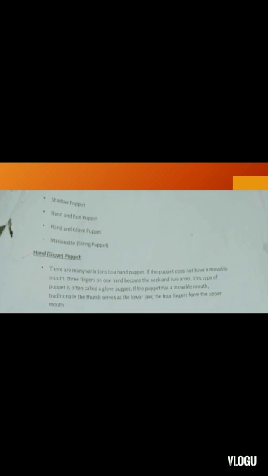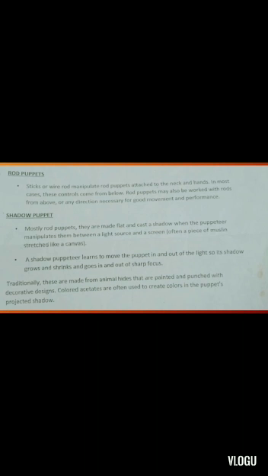You wear the glove in the form of the puppet and show the movement through the movement of the hands. If the puppet has a movable mouth, traditionally the thumb serves as the lower jaw. So these are the techniques through which you can handle the puppets, and usually four fingers are used for the upper mouth.